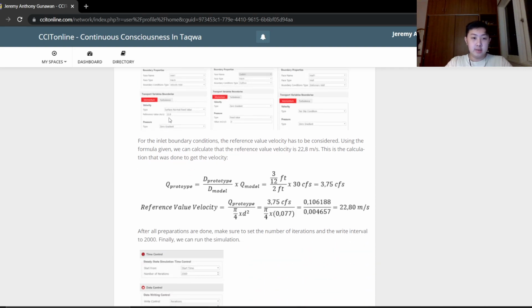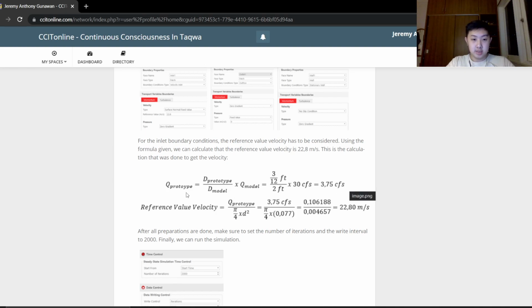We can get this velocity later on. I'll tell you how to count it. So this is how it was done. We have the formula Q prototype equals D prototype divided by D model multiplied by Q model. So 3 over 12 feet divided by 2 feet times 30 CFS equals 3.75 CFS.